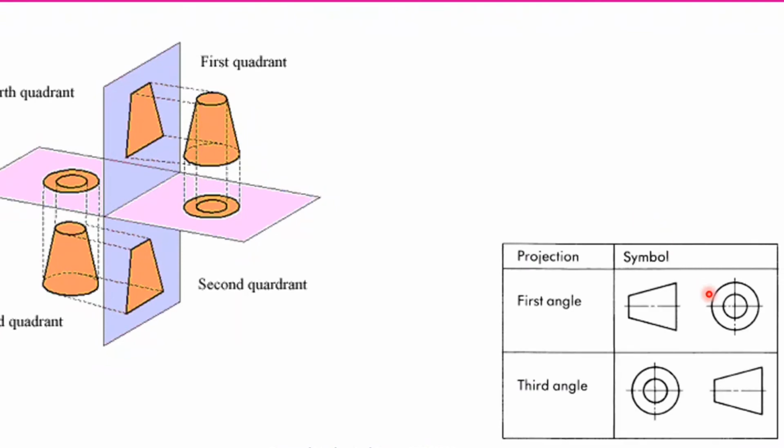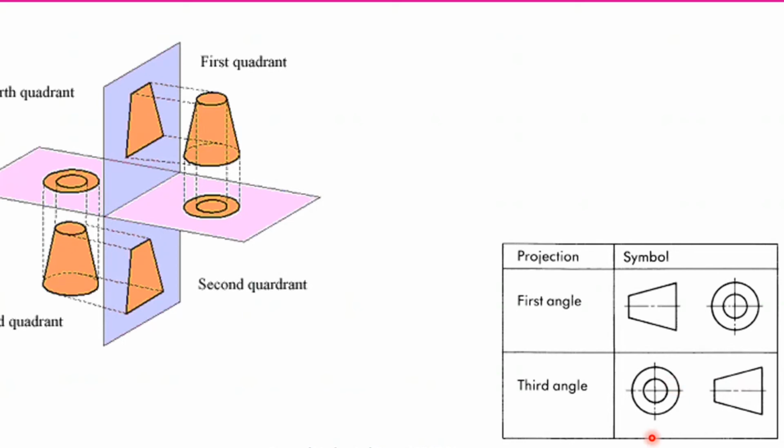Now this is a symbol that will be used for first angle and third angle projection. Keep these symbols in your mind. In first angle, on the right side you have 2 circles and on the left side a tapered cross section. In third angle it is reversed: on the right side you will have the tapered cross section, and on the left side the concentric circles.